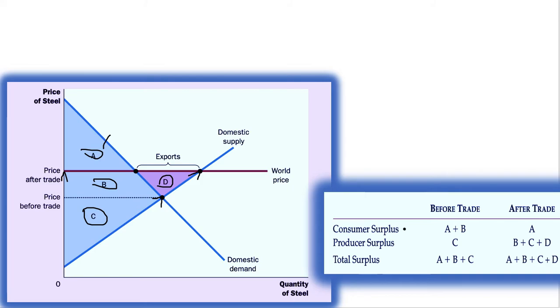For better understanding, we have discussed that the consumer surplus is A and B, and after trade only A will remain.